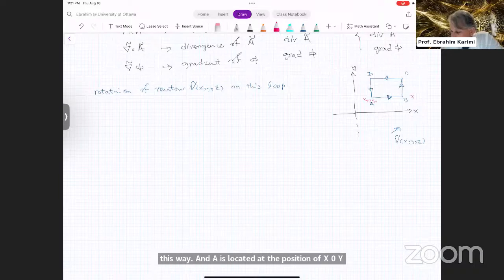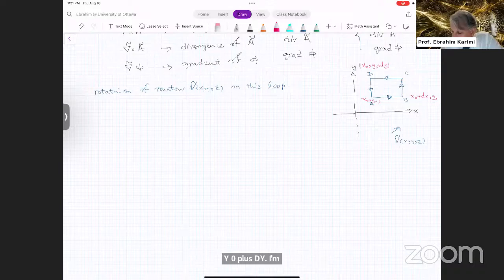B is located at the position of x0 plus dx and y0. And D is located at the position of x0 and y0 plus dy. And finally, the last one, C, is located at the position of x0 plus dx and y0 plus dy.